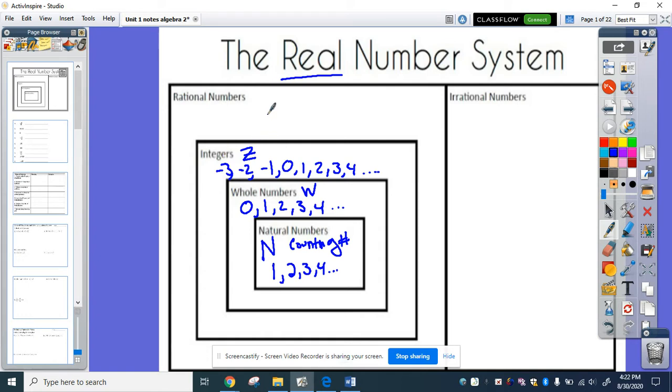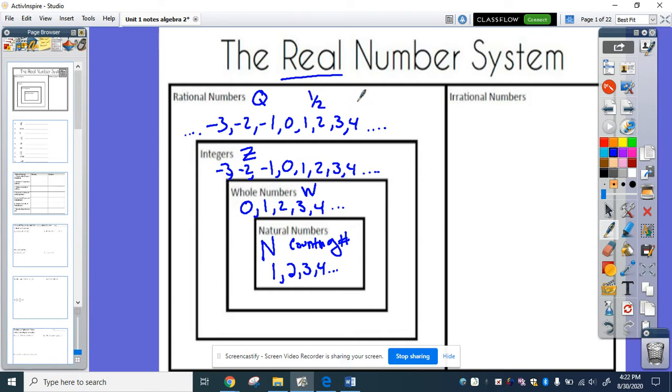When we get into rational numbers, we're going to be using a Q for rational numbers. Rational numbers are going to include all of these, so let's copy all of those because we still get all of our integer numbers. But this time, not only do we get those numbers, but we also get numbers that are considered to be fractions, so things like 1/2.